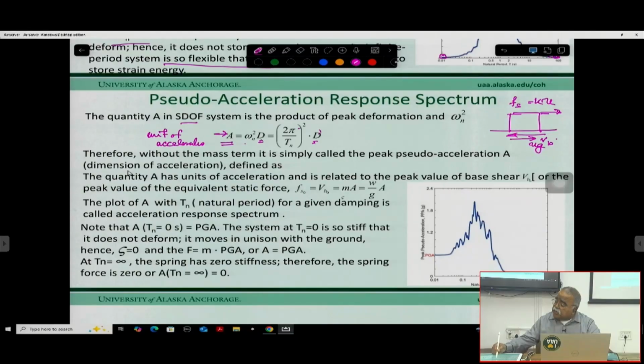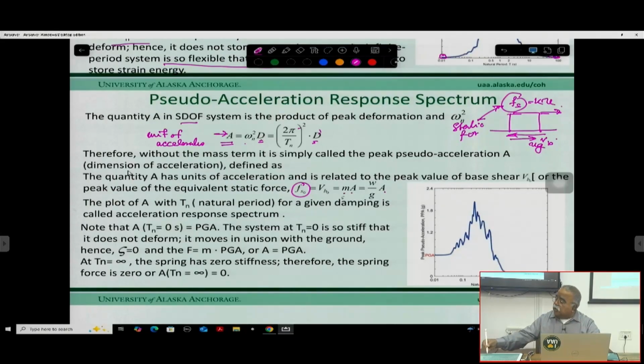So this VB0 is basically your static force. We call it as a static force. So this is your static force Fs, which is equals to K into U. So the static force peak value will be equals to K into U0's peak value. So that will be equals to V into B0, and V into B0 is the base shear. So that will be equals to mass into acceleration. So mass equals to W divided by G into A.